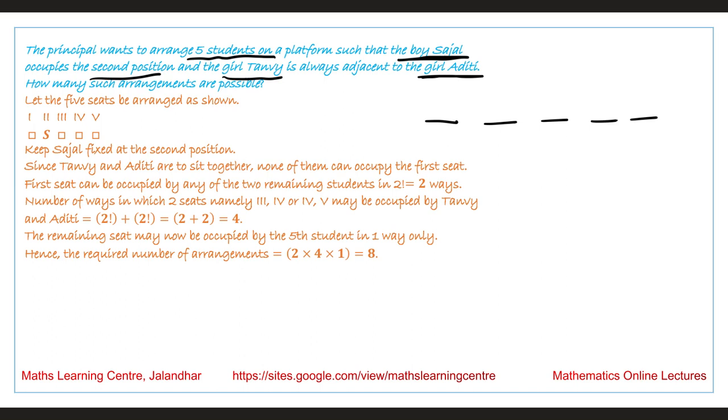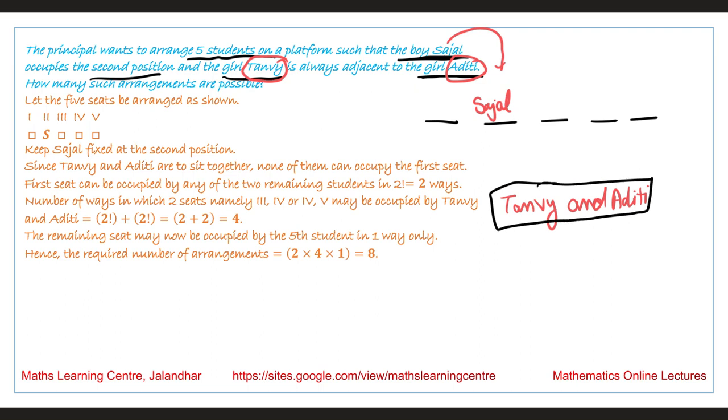Out of these 5 places, the boy Sajal is always at this place, and Tanvi and Aditi are to be adjacent. Adjacent means the number of ways in which these two can be arranged is 2 ways. Tanvi on the right and Aditi on the left, or Aditi on the right and Tanvi on the left. So the number of ways to arrange these two girls is 2. It is given that they are adjacent.